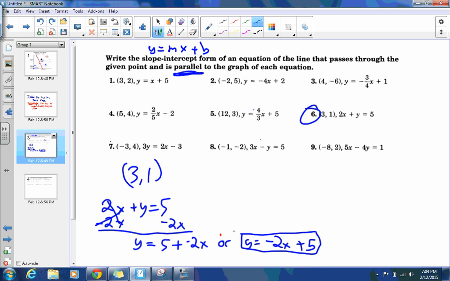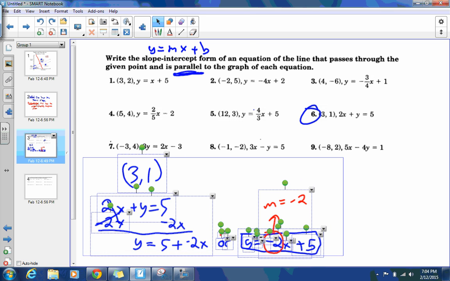Now from there we know that the slope is what's before the x, so the slope here is -2. And we can use that in our new equation with the given point to find the graph of the line that's parallel. I'll minimize this a little bit here. If you want to pause it, you can.